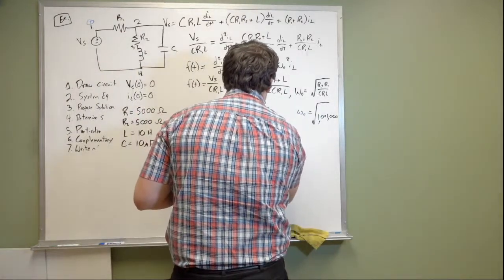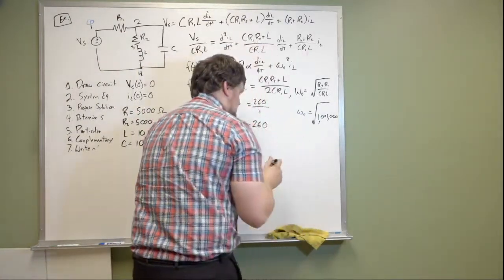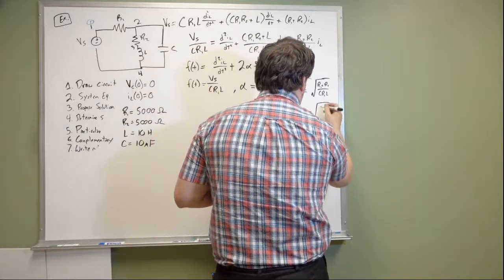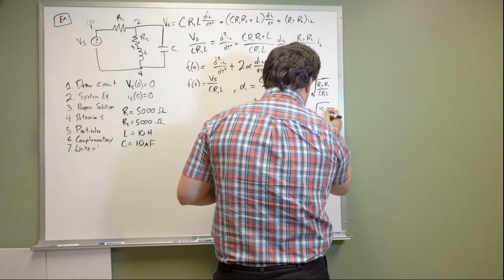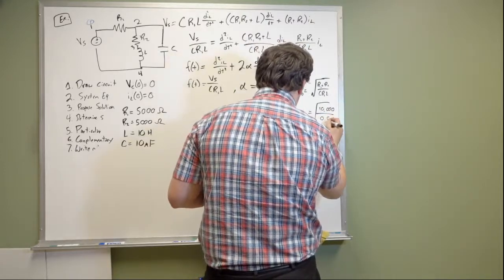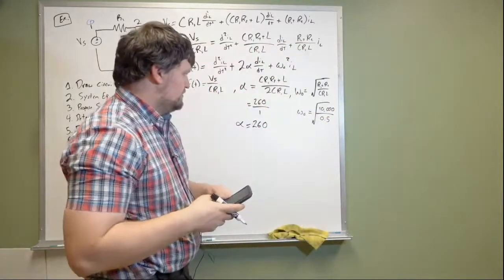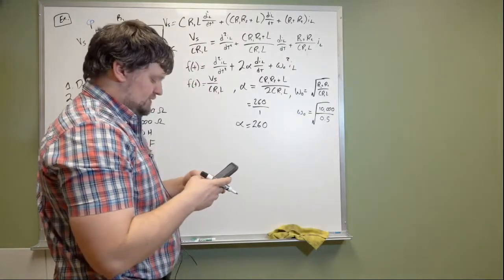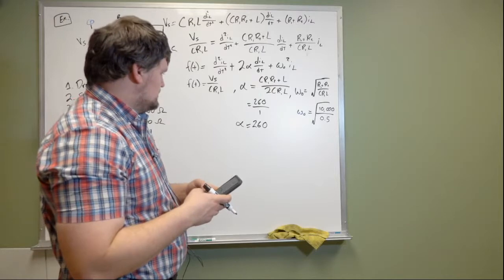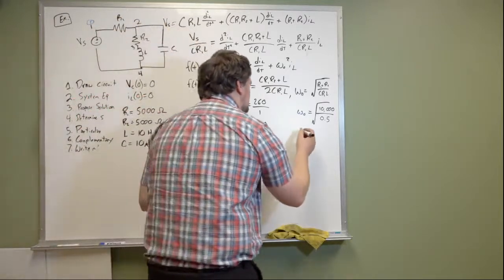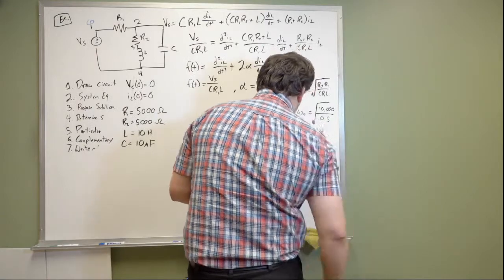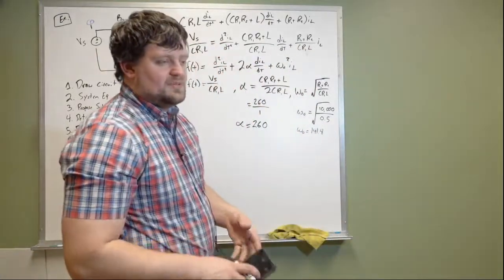So alpha value is equal to 260. Over here, we have 10,000 divided by 0.5. So square root of basically 20,000. It's 141. Dang it, I'm so close. Oh well. You know what? We'll just have this be an overdamped system.